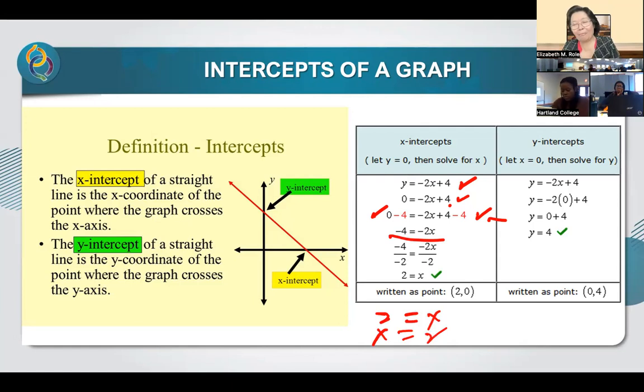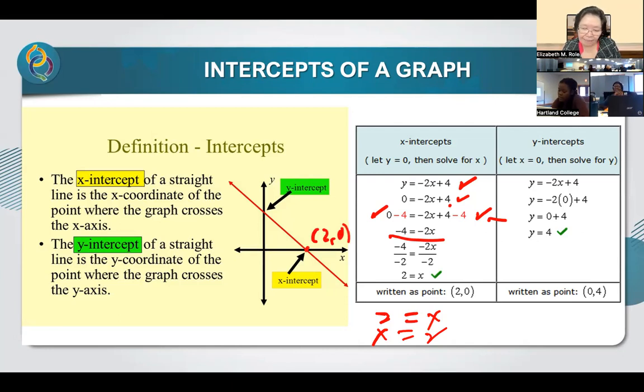So it's some of those properties of equality. And therefore, our x-intercept would be (2, 0). So take note that the x-intercept is (x, 0) and the y-intercept is (0, y). So this one is our x-intercept, (2, 0).